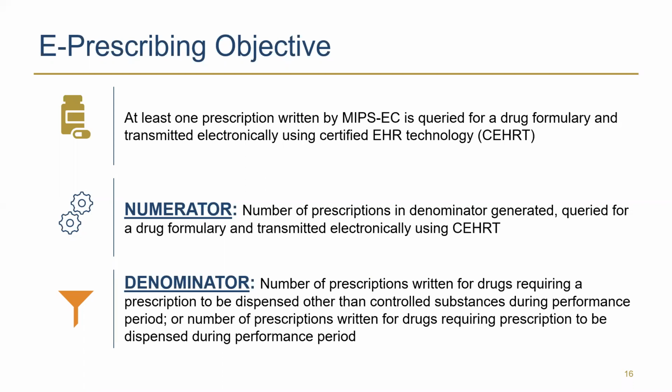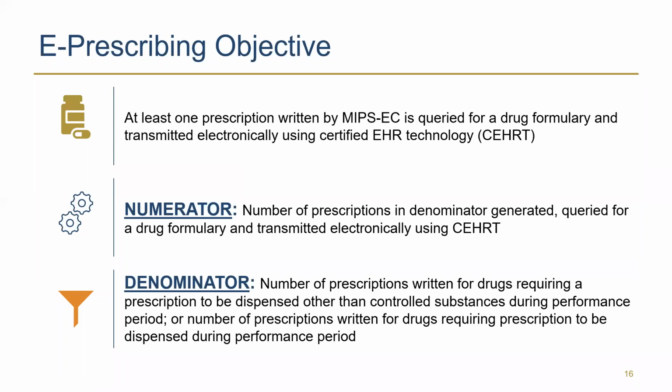There are 2 possible denominators for this measure. One is for those medication orders which require a prescription but do not include controlled substances. This is because not all EHRs may be configured to allow controlled substances, and there's some special software that needs to be put in place to be able to do controlled substance prescribing, and not everybody has that yet.